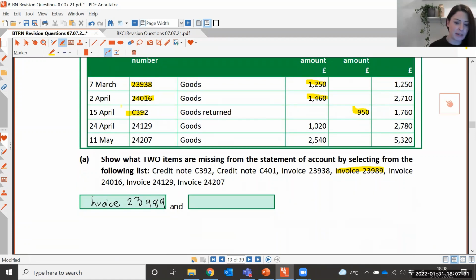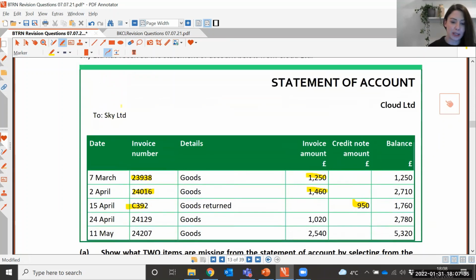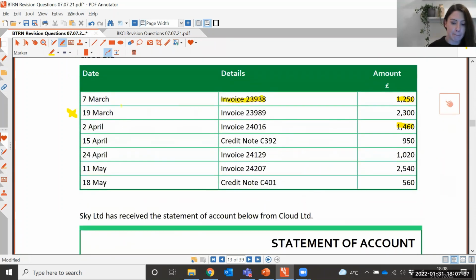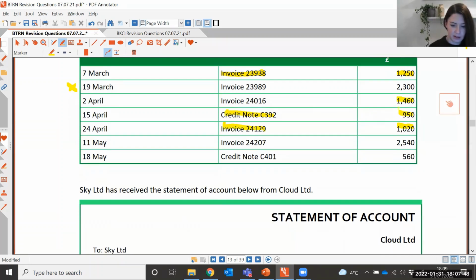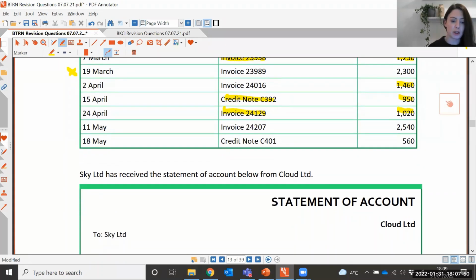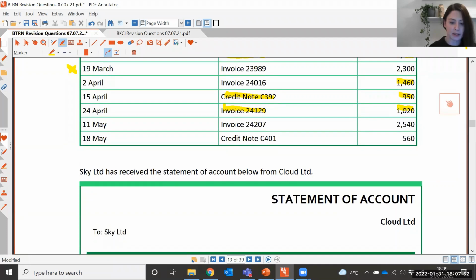Next we have another invoice for goods for 1,020. Yeah, and this one is also here. And then we have invoice 24207 for £2,540.